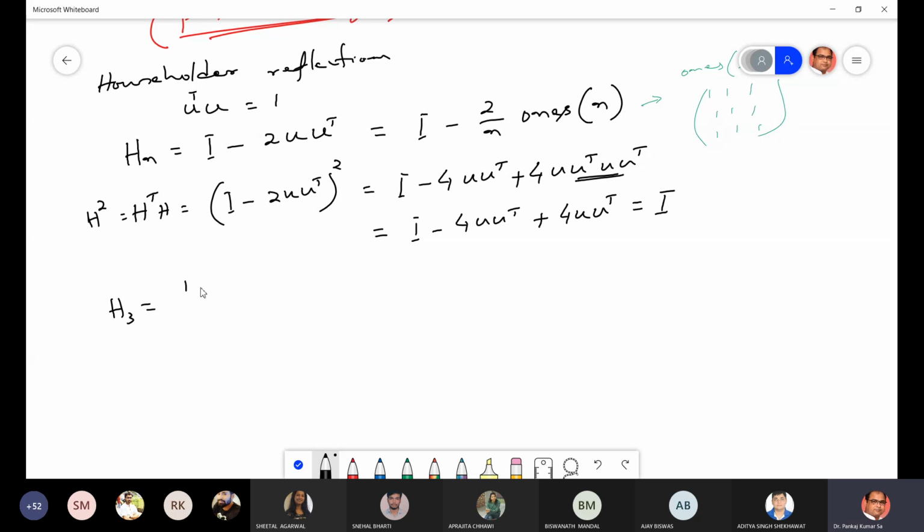Yeah, third order Householder reflection: the identity matrix 1 0 0, 0 1 0, 0 0 1, minus 2 by 3 times the matrix of all ones.